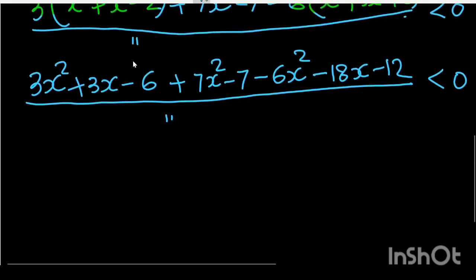Now, as you can see here, 3x square minus 6x square and 7x square: 7 plus 3, 10 minus 6, it becomes what? 4x square.